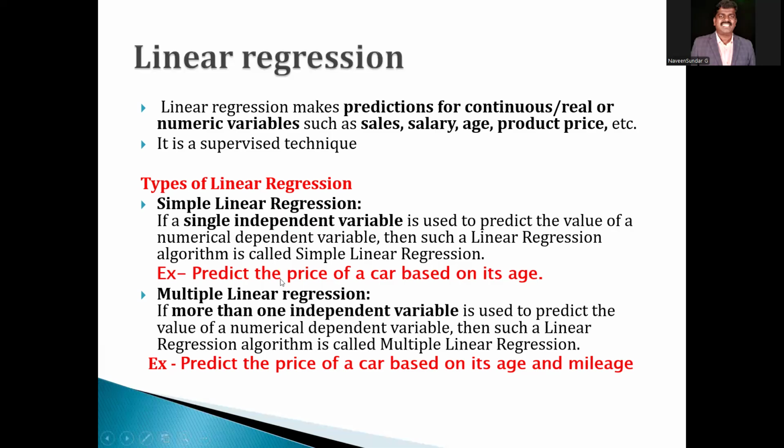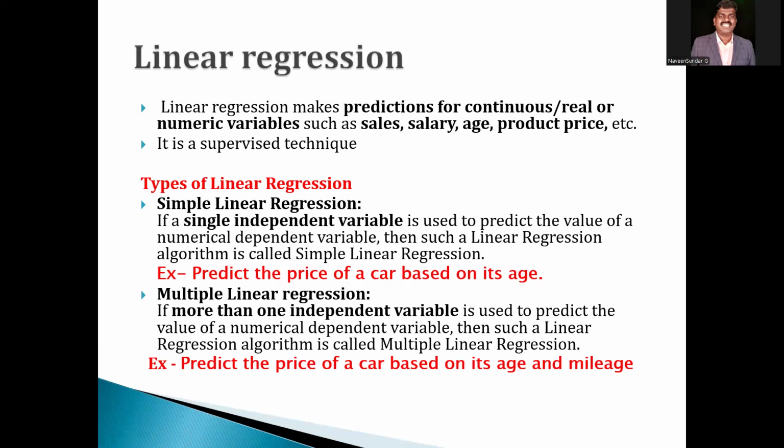Similarly, what is multiple linear regression? Here, one or more columns are used as independent variables. If more than one independent variable is used to predict the value of a numerical dependent variable, it is multiple linear regression. Here we are not limited to one particular column. For example, we predict the price of a car based on the age and also another column, that is mileage.